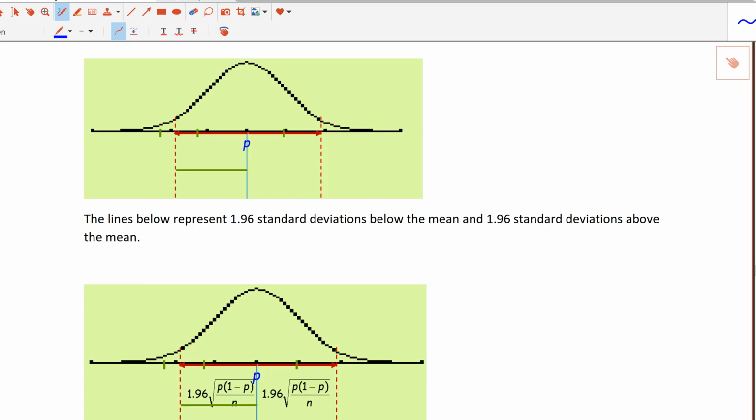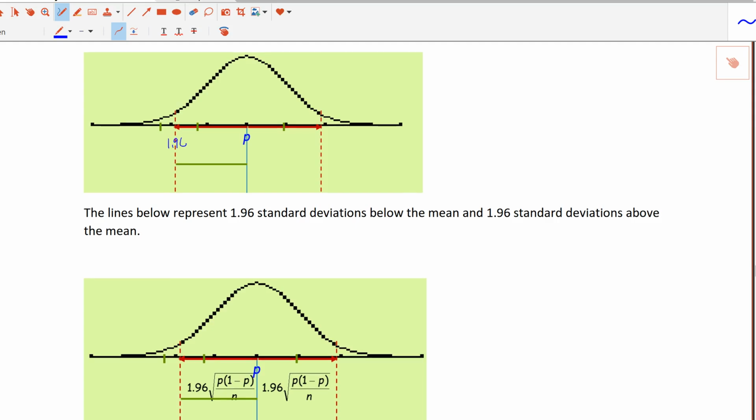we can look at this simulation of a normal curve, and if we have negative 1.96 and 1.96 here, and remember P is the mean of that distribution.